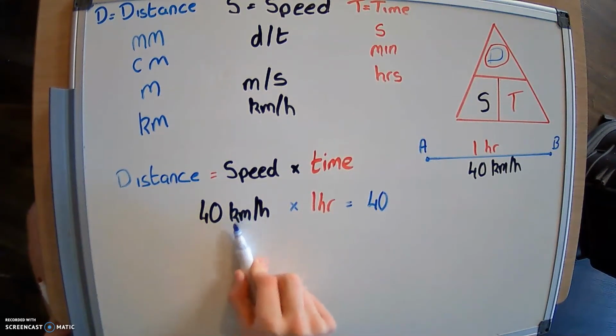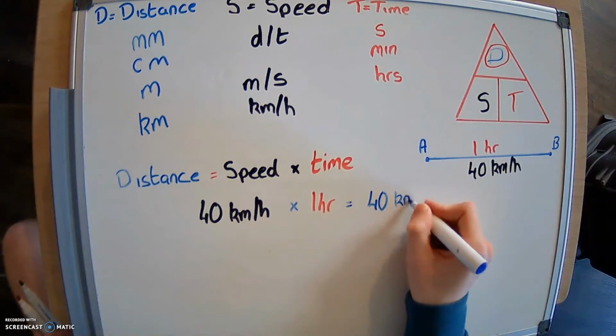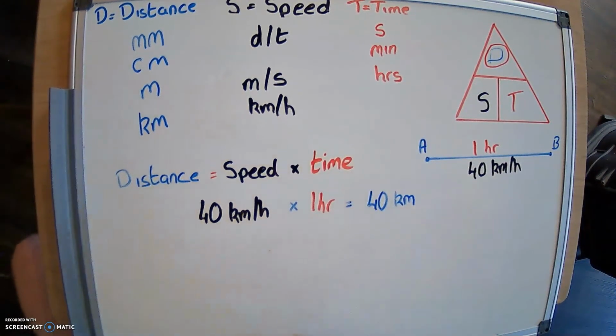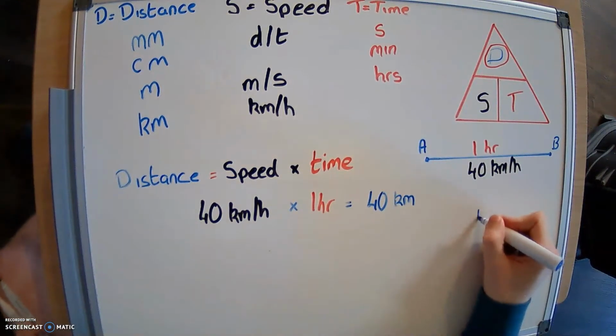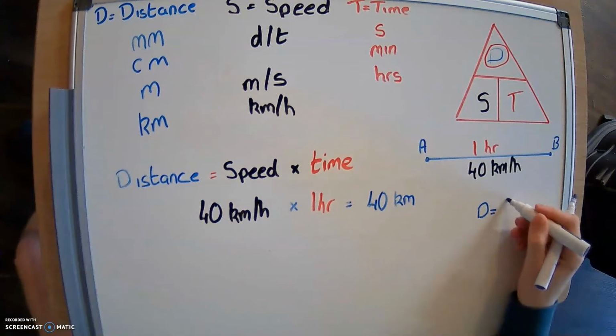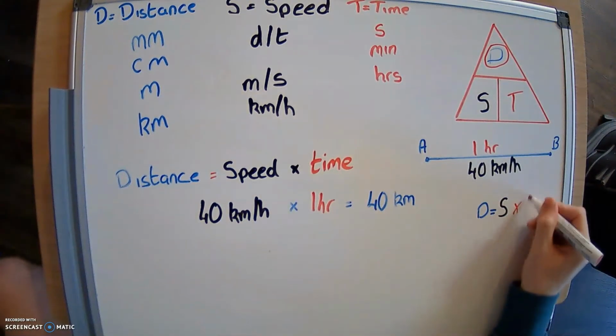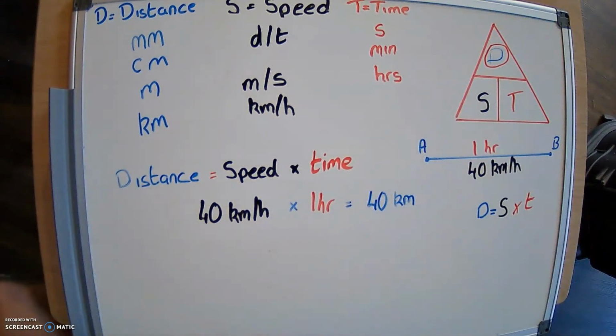We have a kilometer here and we have nothing here. That's only 1 unit of distance. So this is going to be our second unit of distance. So 40 kilometers is our answer. So over here, distance is equal to speed multiplied by time.